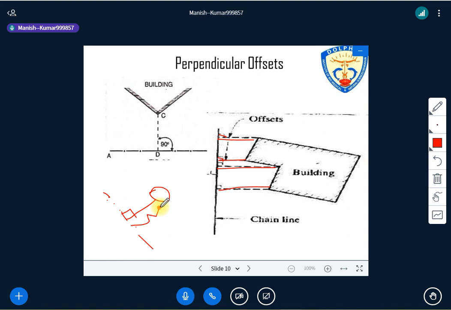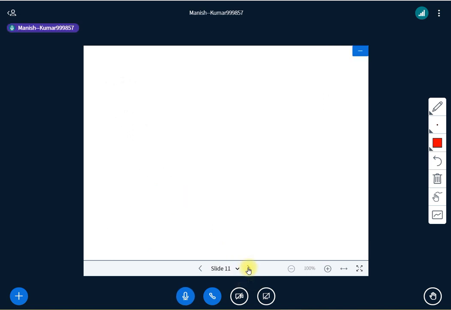And this perpendicular offset is usually preferred over the oblique, because it is simple, and even the drawing for this offset is a bit simple. So that's why perpendicular offset is there. Again I'm repeating, when the term offset is used, offset means perpendicular offset. Now we go to the oblique.